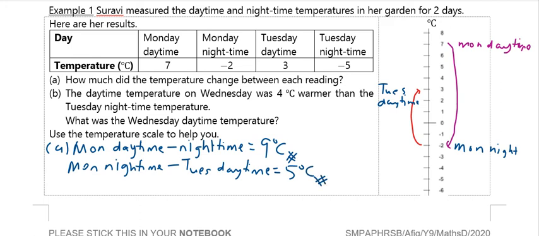And the next one will be from Tuesday daytime to Tuesday nighttime. Tuesday daytime it's 3, but it's dropping to -5. Here this is Tuesday night.